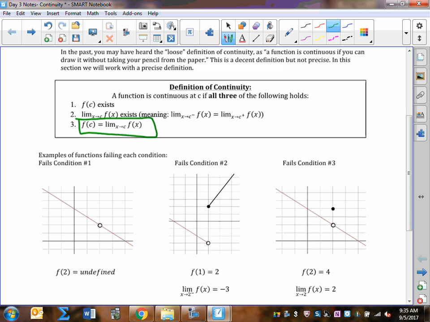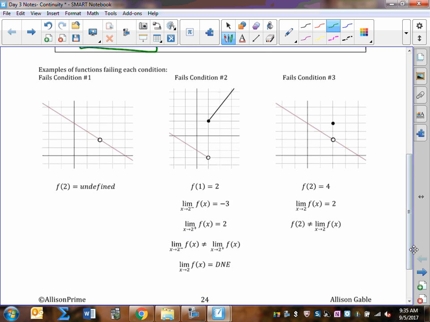So here on the front are those three cases in which it fails. Our first condition is that it's not defined. If it's not defined at that point, then we can't have continuity at all. That's going to be a hole, or could even be a hole. If it fails condition 2, meaning that the left hand and right hand limits are not equal, so the overall limit does not exist, then it can't be continuous.